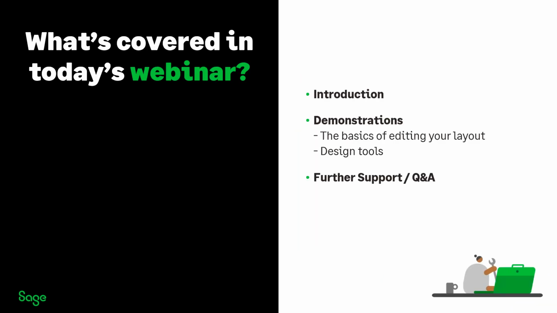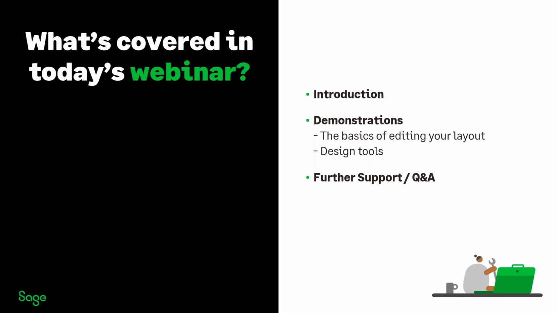Right, let's have a look at what we're covering in today's session. Quite a short agenda today, because it will mainly be demonstrations with a little bit of background on including things like your bank details on your invoices. We'll run through the demonstrations themselves, looking at the basics of editing your invoice layout. We will be using an invoice layout today, but it could equally be that you want to include your bank details on your customer statement layouts, for instance.